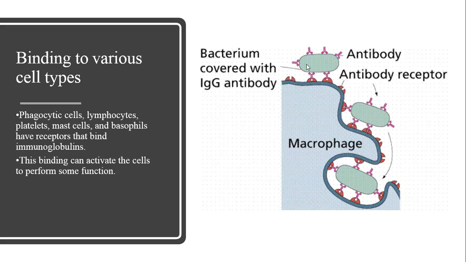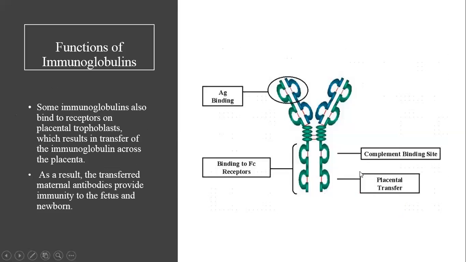When bacteria enter the blood of an organism, the epitopes on the bacterium are identified by the antibodies, and the bacterium covered with IgG immunoglobulin moves towards the macrophage, where phagocytosis occurs and the bacterium or antigen is destroyed.